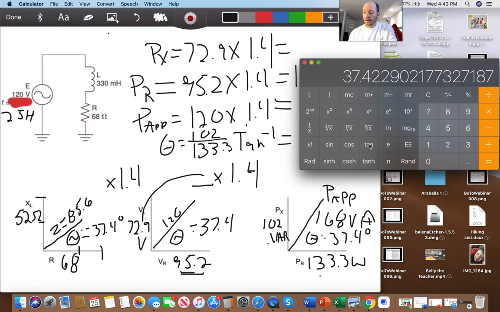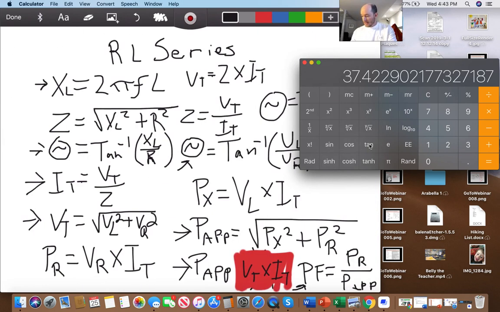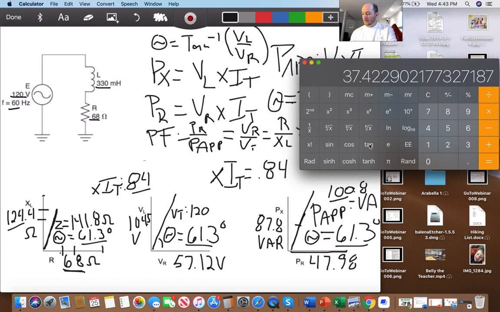Then if we want to get the power factor, go ahead and snap a picture of this if you want it before I erase it. I want to calculate the power factor for this, which is going to equal PR over my total power, or my apparent power. And again, you can see how many different formulas we have for that.